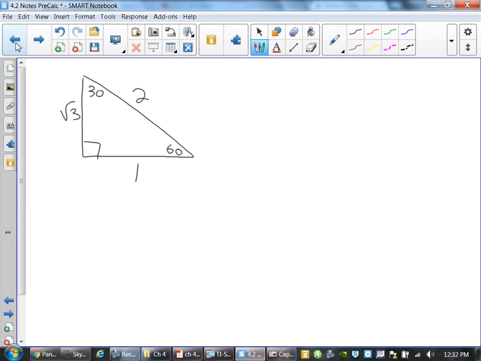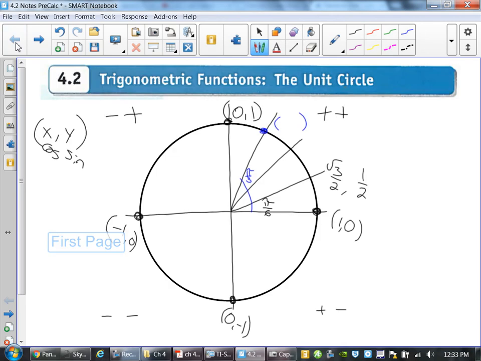So the cosine of pi over 3 is 1/2. The sine is root 3 over 2. It's just opposite.